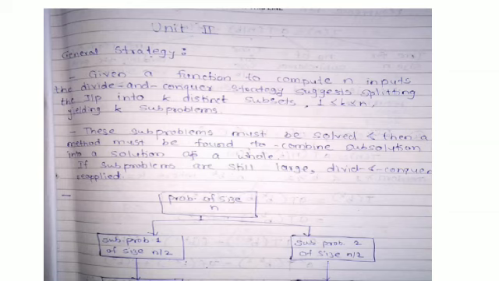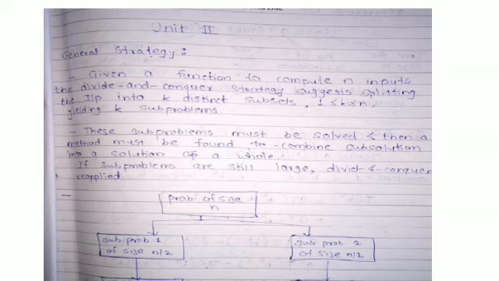For example, if we want to sort 10 elements, then in divide and conquer strategy we divide the n inputs into two parts, that is 5 numbers and another 5 numbers, and whatever algorithm you apply will be applicable to the subsections.